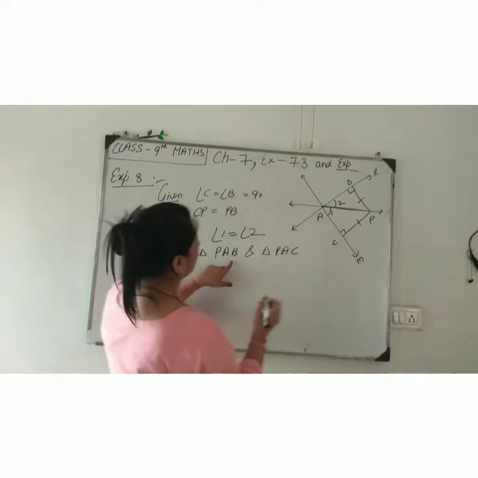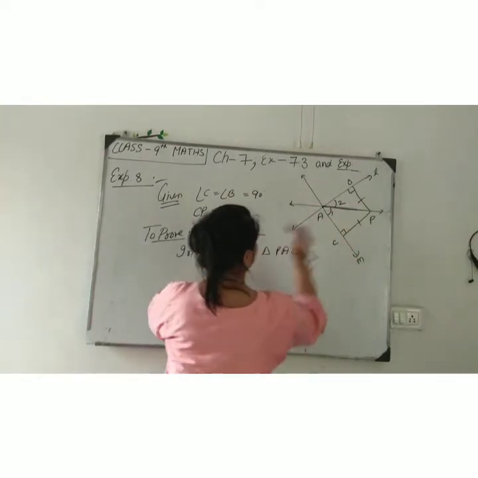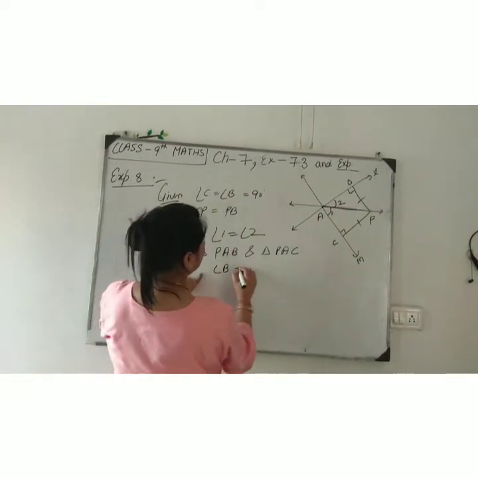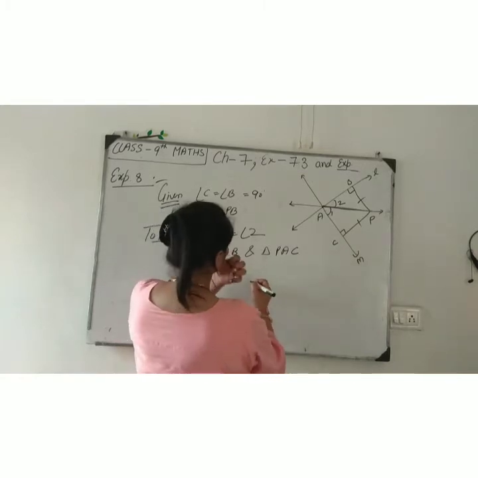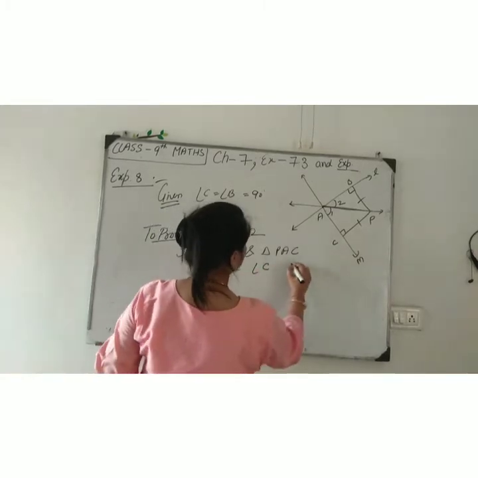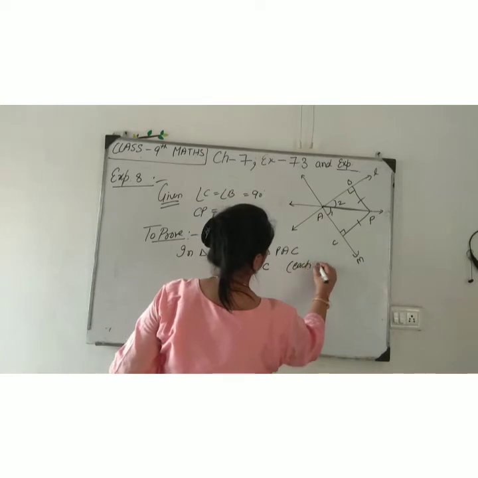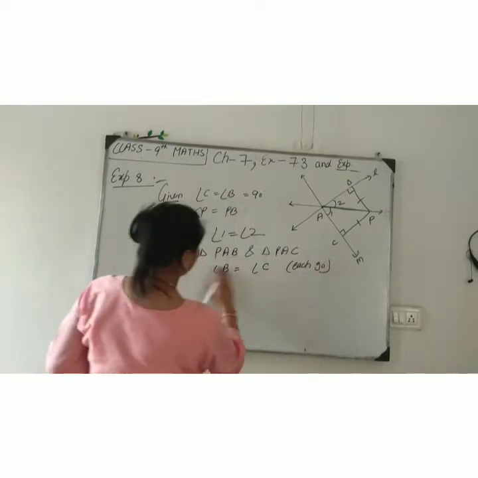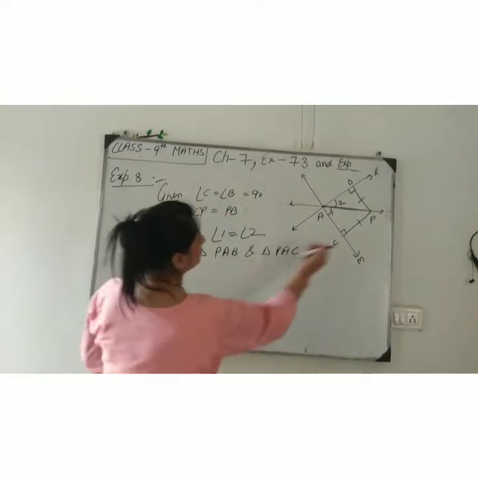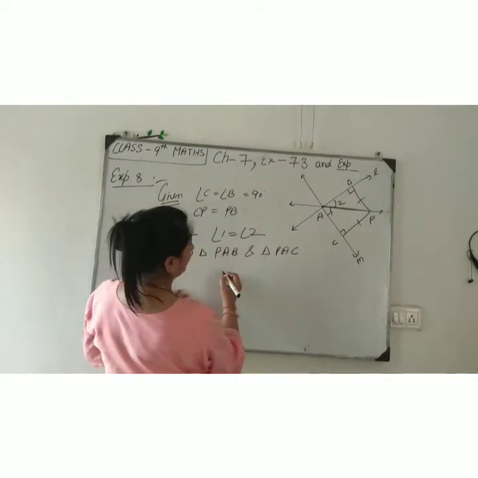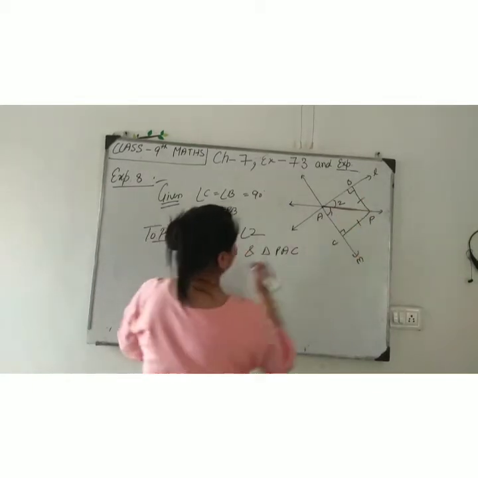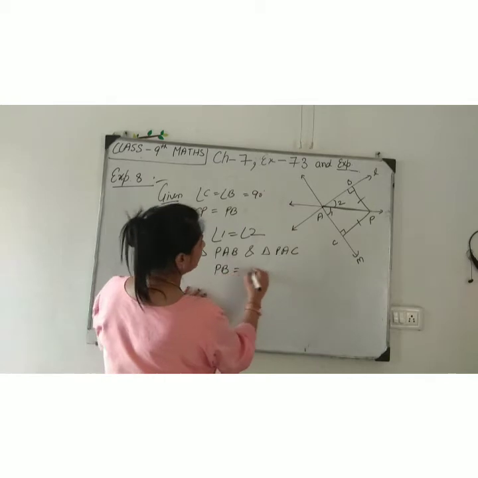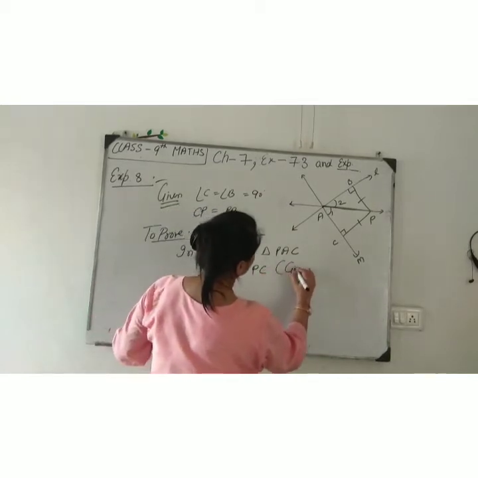First of all, triangle PAB. BP equal to PC, reason: given.